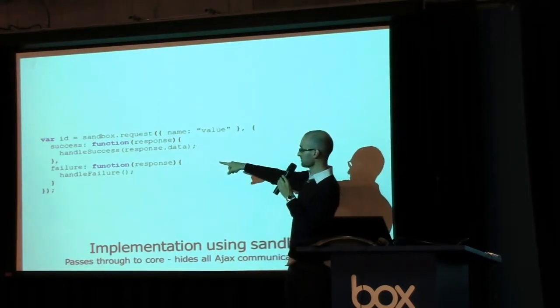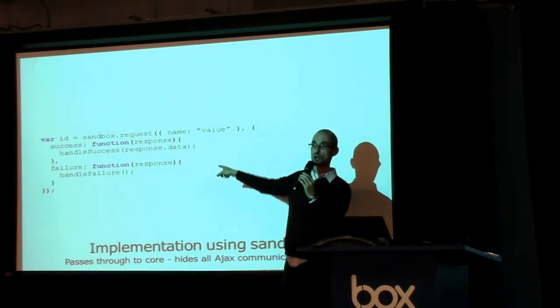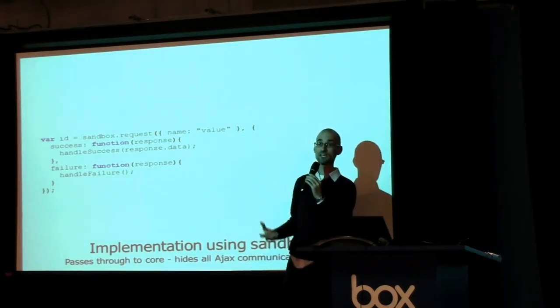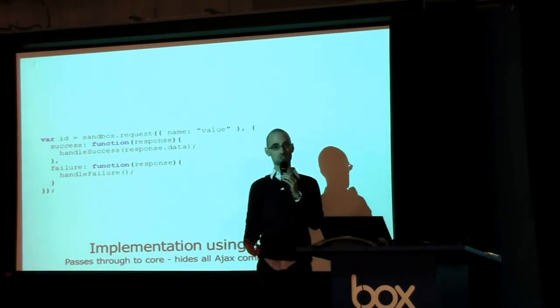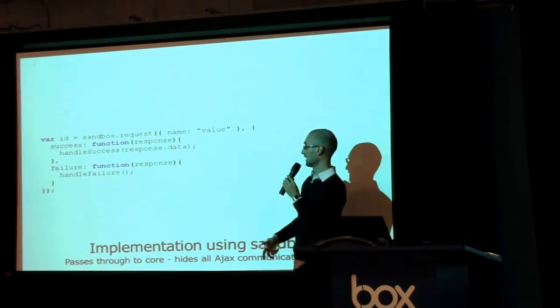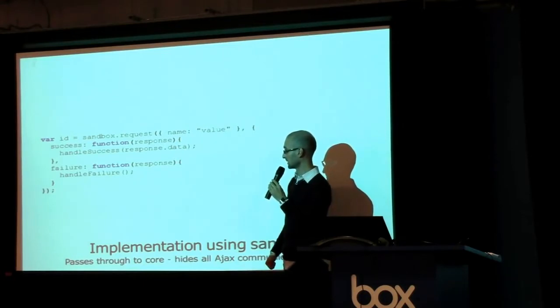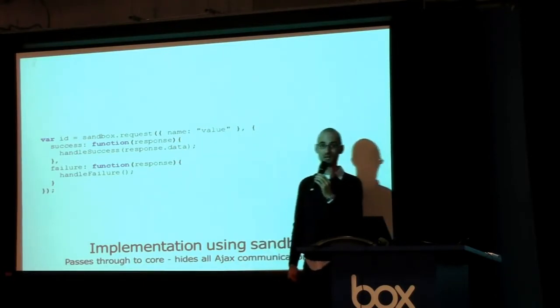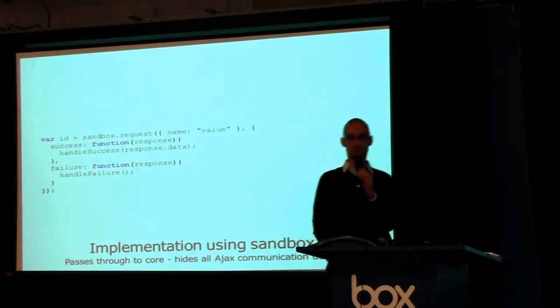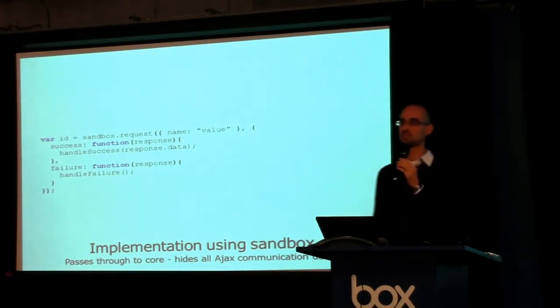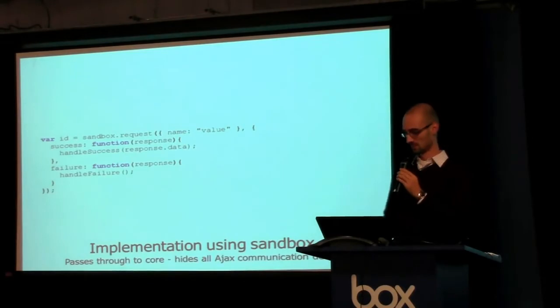Then I have success, which is passing in a response that's already been cooked. It's already in the format that the module needs in order to do its job. And then also, if there's a failure, I can handle that as well.